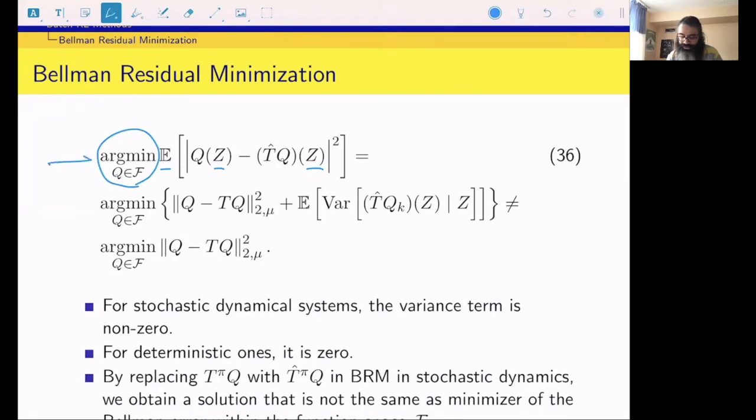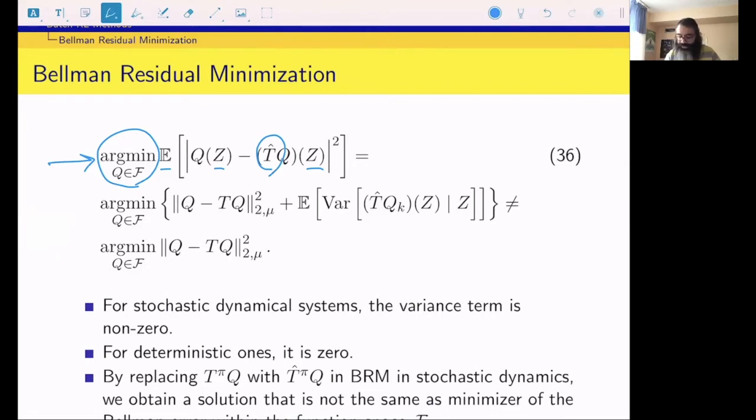So this term is what is minimized by empirical Bellman residual minimization, but only considering this effect of T hats, not the data points over x's and a's.